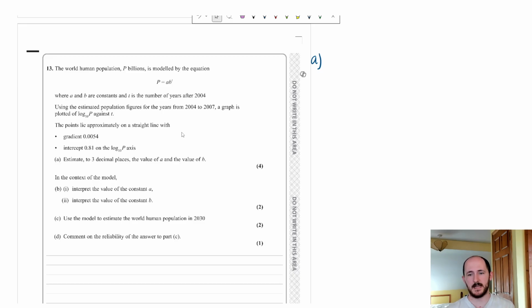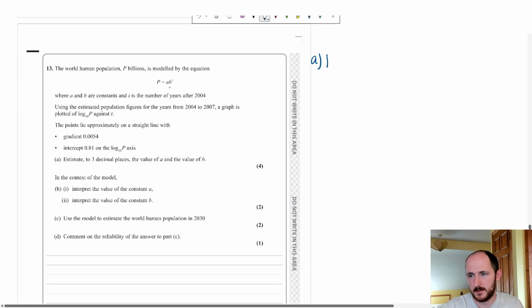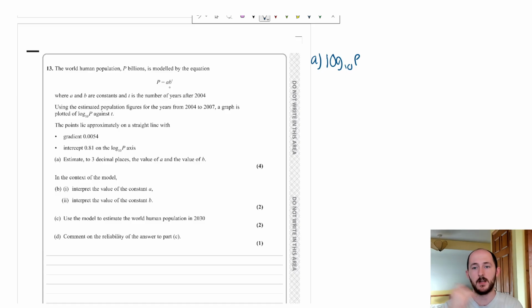So they've told me it is a straight line graph, which means there's two things we could do. We could literally just change this into a log 10 P graph by applying logs to both sides. By the way, if you know what a generic log graph looks like in the sense of an equation, you can also use that to work backwards if you really want to.